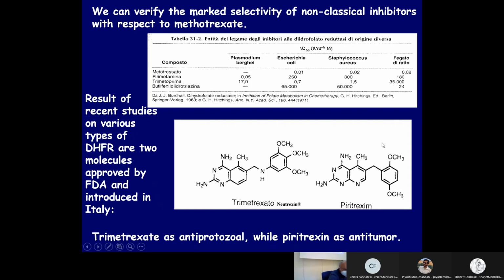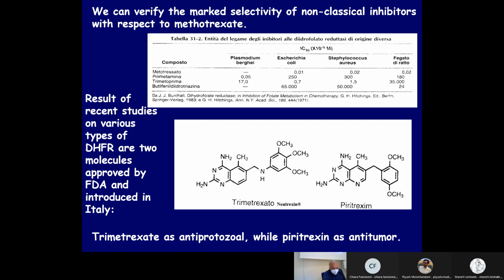Here you can see some modification performed on the chemical structure of trimethoprim, in particular trimethoxate. You see there is once again the pyrimidine ring with another aromatic ring, and then you see the residue of the trimethoprim, the trimethoxybenzene ring.